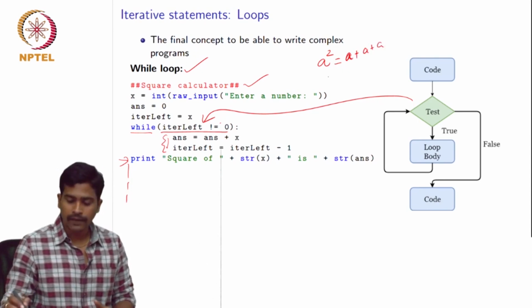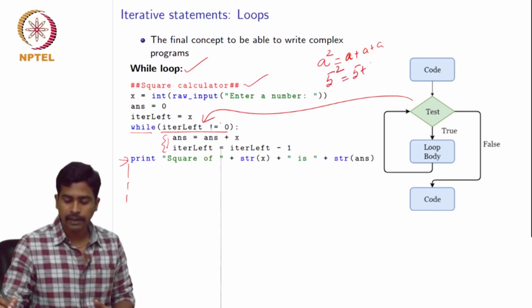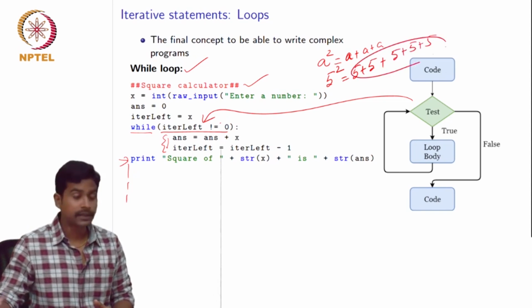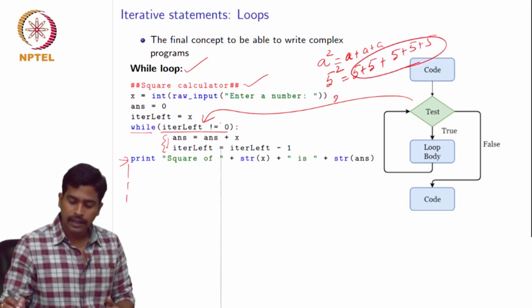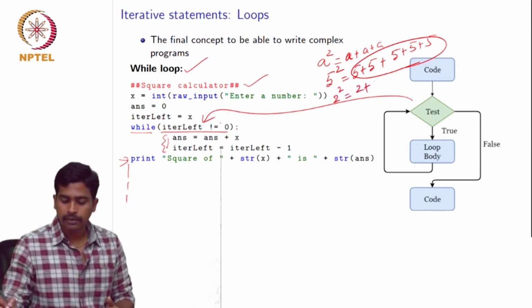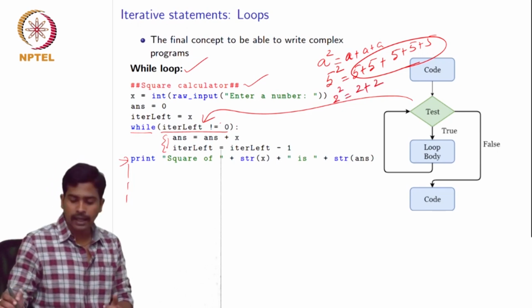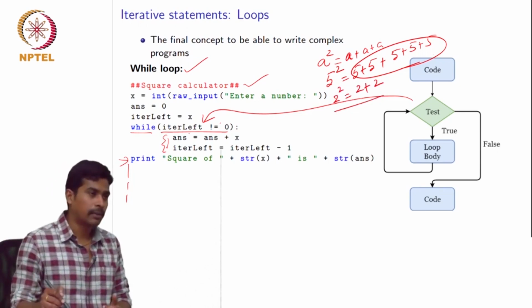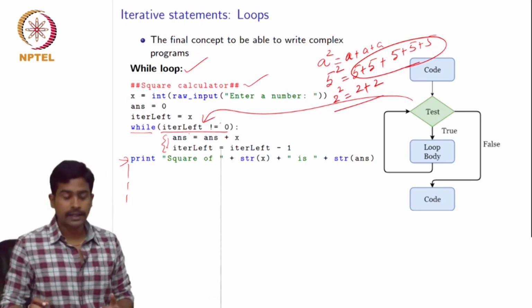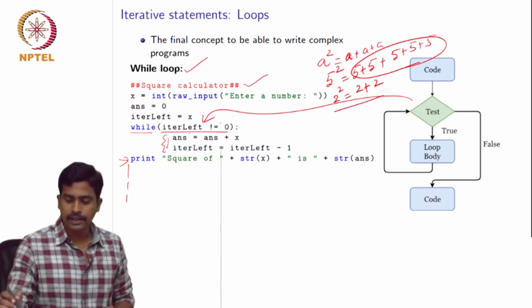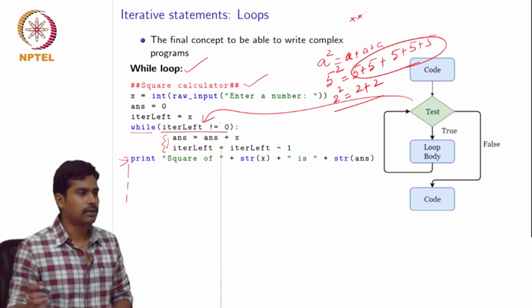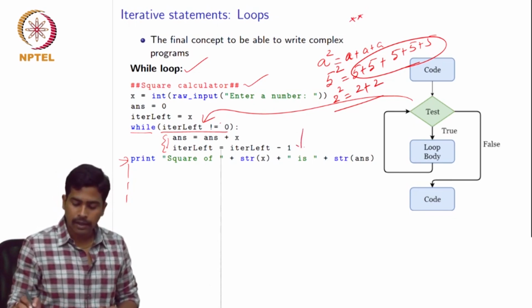For example, if I want to calculate 5 square, it can be calculated by adding 5, 5 times. Okay. Similarly, you can calculate 2 square by adding 2, 2 times, right? So this is the algorithm I use to calculate the square of a number. As I have said before, you can also use the double star operation. Just to demonstrate how to do a while loop, I have written this program.